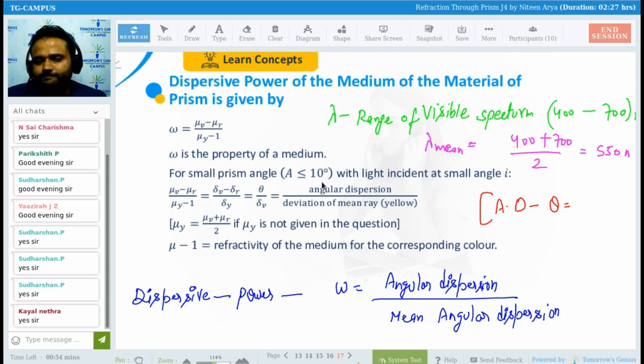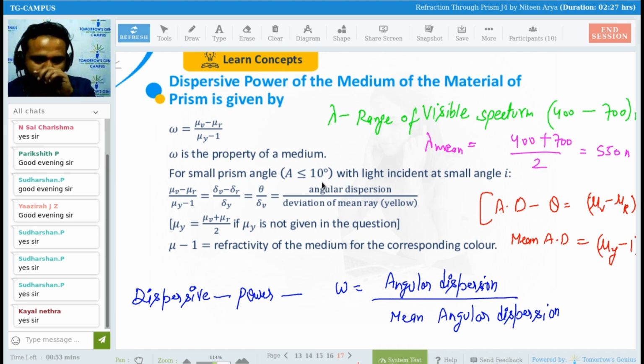So it's mu v minus mu r into A, and the mean angular dispersion is going to be mu violet, sorry, not violet, yellow, and the refractive index of air. Refractive index of air or medium is 1.